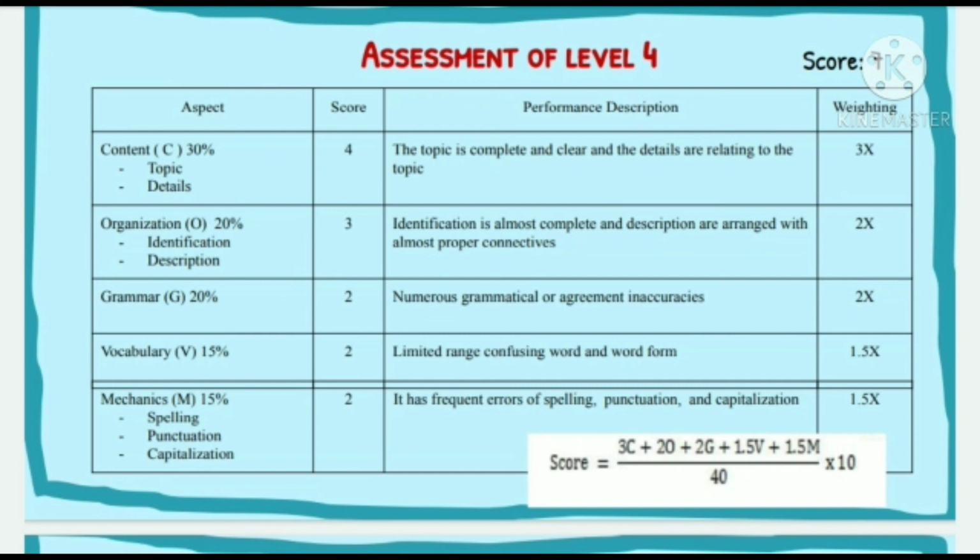The score for aspect number 2 is 3 because the text identification is almost complete and descriptions are arranged with almost proper connectives. And the score for aspect number 3 is 2 because of numerous grammatical or agreement inaccuracies, because many sentences or words are not clear, so it is difficult to understand.